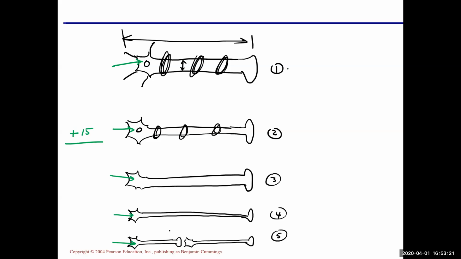But if you measure and figure out which one is going to release the neurotransmitter first, it'd be the fastest one. This one is going to be the fastest, number 1, because the diameter is larger.